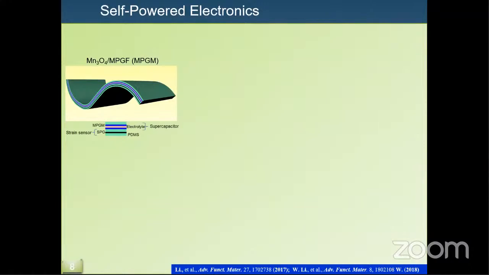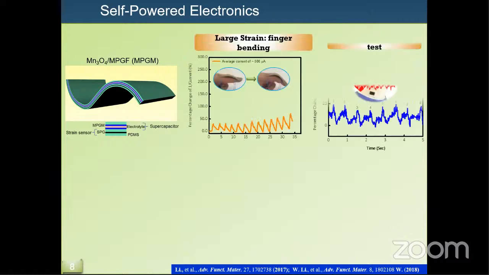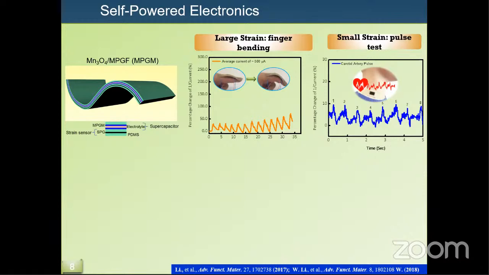Next, we glue magnesium oxides onto graphene forms as supercapacitor electrodes and assemble them as flexible solid supercapacitors integrated with strain sensors for self-supporting devices. The integrated device can detect both large and small strains. We can detect the bending of fingers and the pulse of the carotid artery.